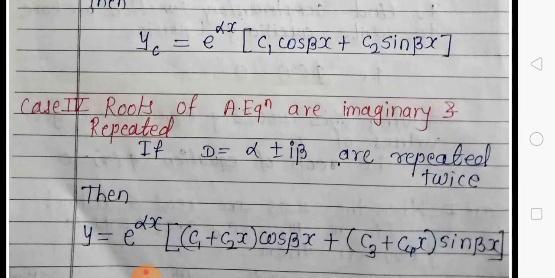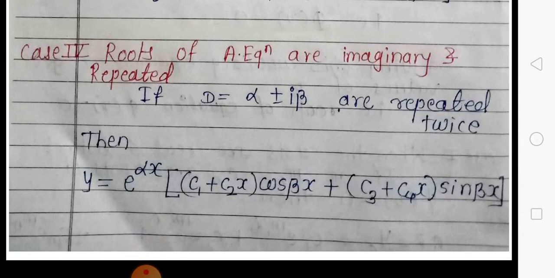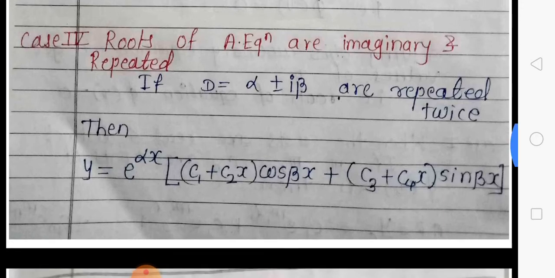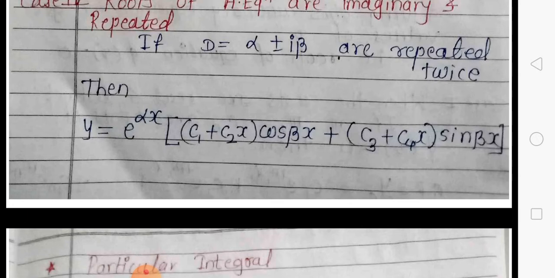Next is roots of the auxiliary equation are imaginary and repeated. Here if we consider D equal to alpha plus i beta as the two imaginary roots, but these two roots are repeated twice, that is we got four roots: alpha plus i beta, alpha plus i beta, and alpha minus i beta, alpha minus i beta. Then the solution is y is equal to e raised to alpha x times c1 plus c2x into cos beta x plus c3 plus c4x into sin beta x.